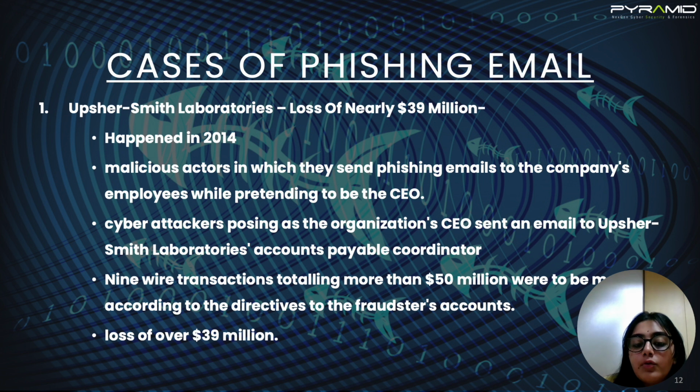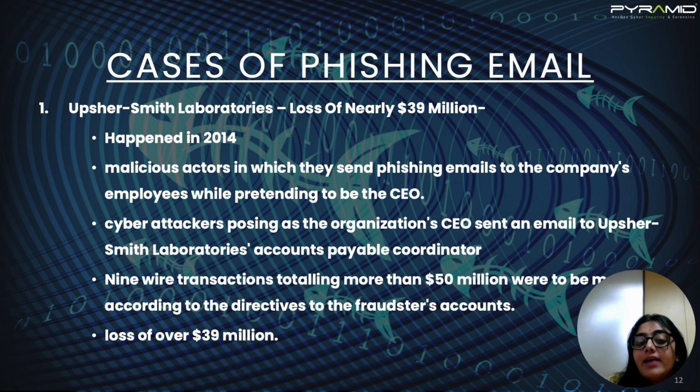Now, CEO fraud is a cyber attack by malicious actors in which they send phishing emails to the company's employees while pretending to be the CEO. A cyber attacker posing as the organization's CEO sent an email to Upsher-Smith Laboratories' accounts payable coordinator, telling her to follow the CEO and the company's lawyer's order.